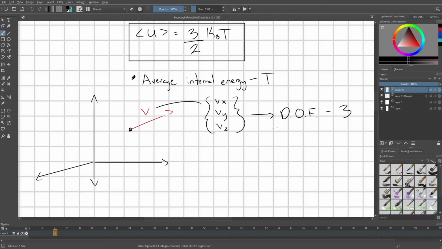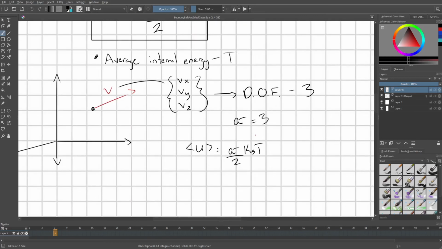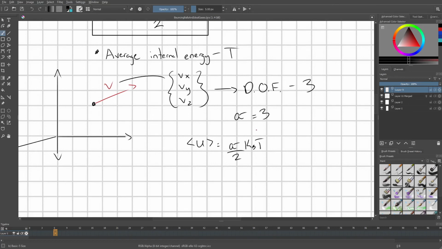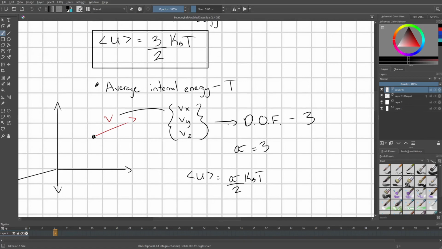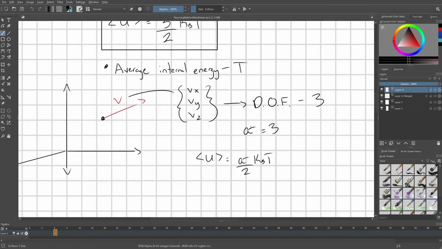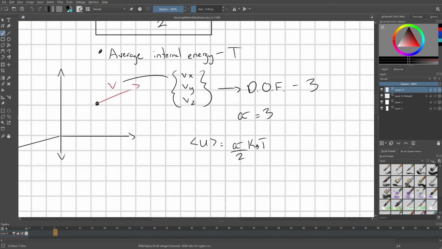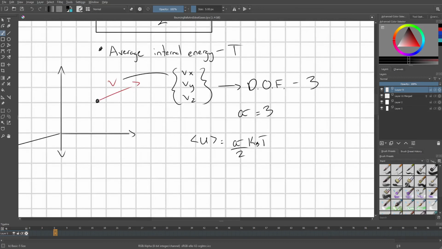I'm going to go ahead and call this term alpha. And so in fact, our average internal energy could be more generally written as alpha over 2 times kBT. This is a result from something called the Equipartition Theorem, which I'm not going to go into too much detail for, just because the goal of this video is to talk about pressure, not go into all the details of gases and temperature and all of that.